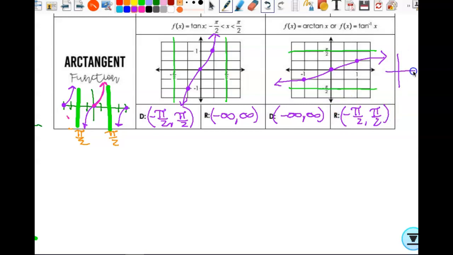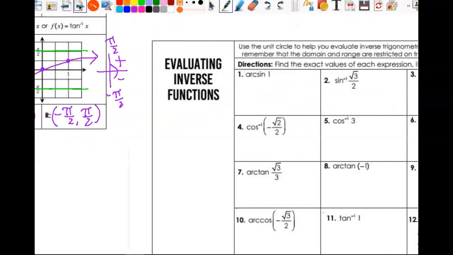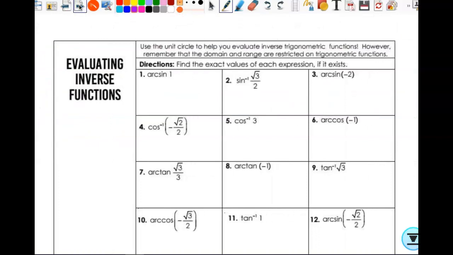So that tells me that I can only get my answers from first and fourth quadrant, going from negative pi halves to pi halves. Some questions you got at this point? Not sure why we're doing any of this yet. We're getting there.